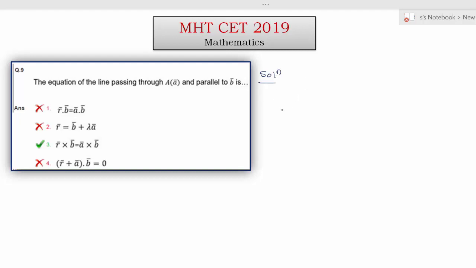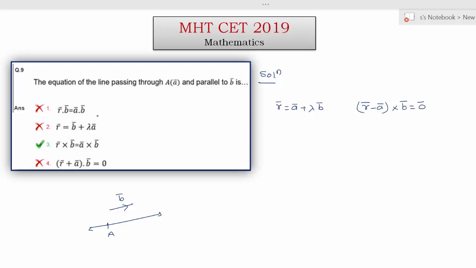I'll write the corresponding vector equations, that is R bar is equal to A bar plus lambda B bar, or this can also be written as R bar minus A bar cross B bar is equal to 0. So they are just asking what the equation of a line is which passes through a point A and is parallel to vector B bar. So these are the two equations.